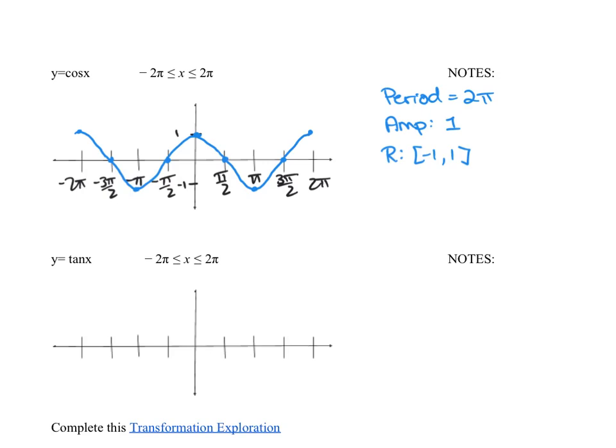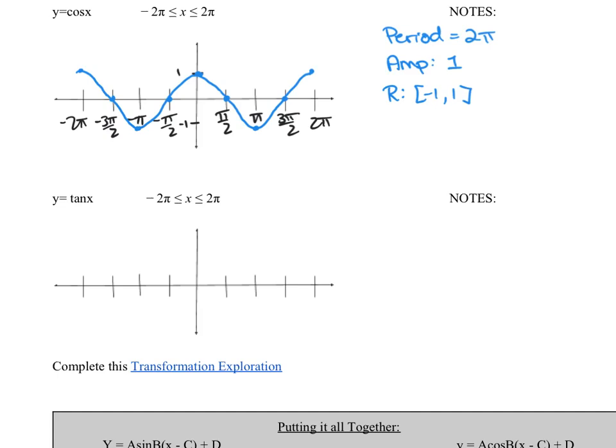For the tangent graph, we're going to basically overlay the sine and the cosine because we know that the tangent of x is equal to sine x over cosine x. So real quickly, I'll put in the angles again.